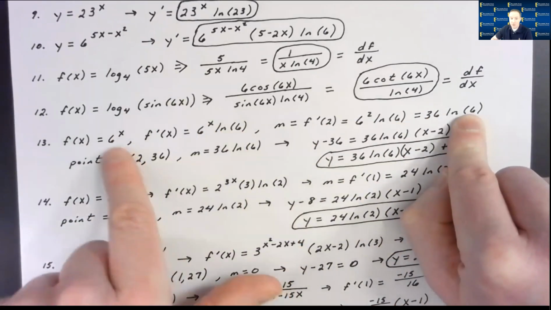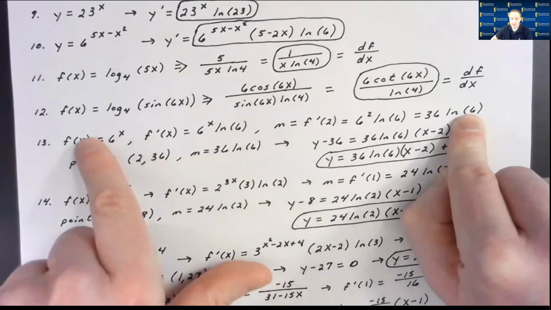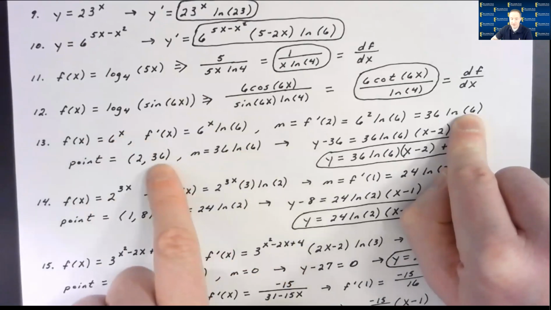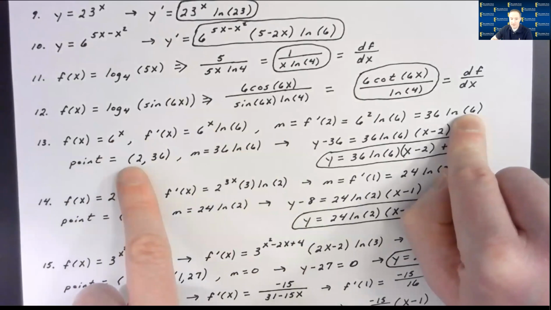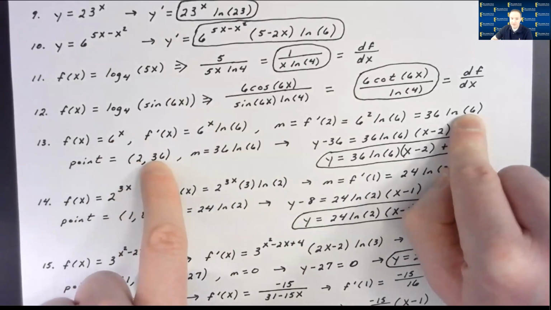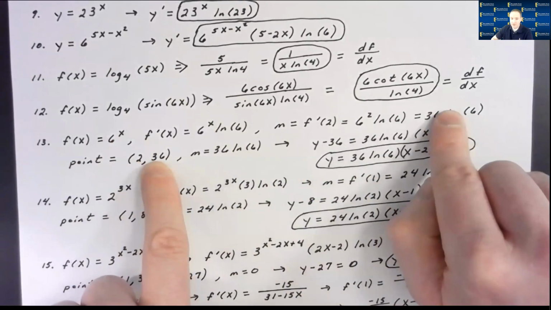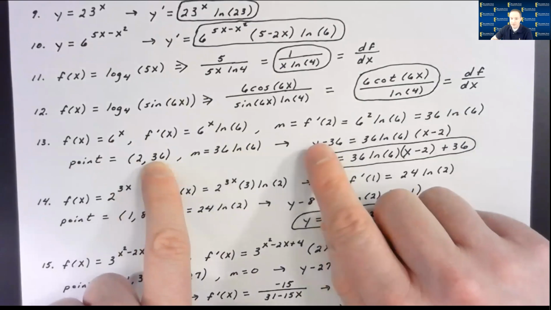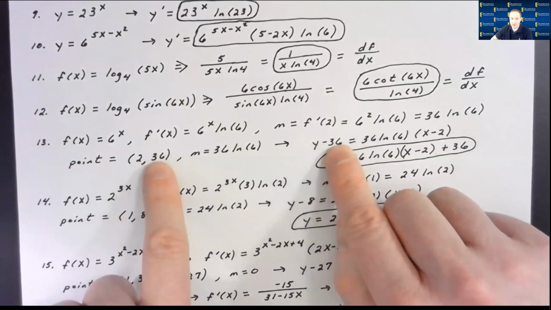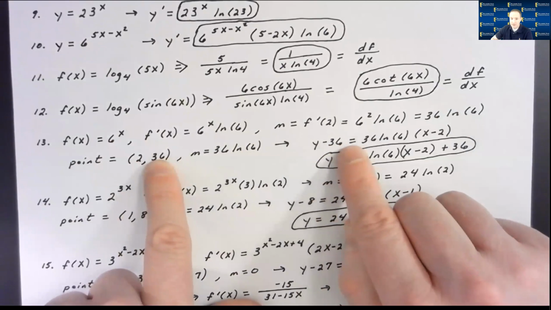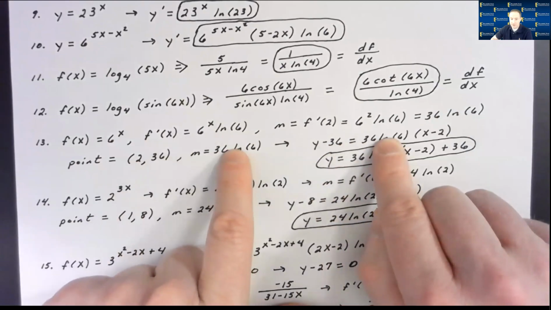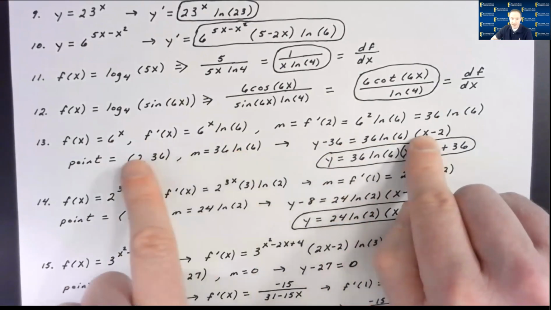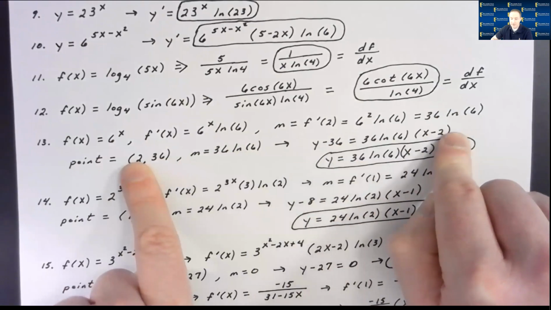Now, clearly the y value at the point is just going to be 6 to the second, or 36. So I said, well, my point is the ordered pair (2, 36). This is my slope. So my point slope formula, y minus y1, y minus 36, equals m, the slope, times the group x minus x1, x minus 2.